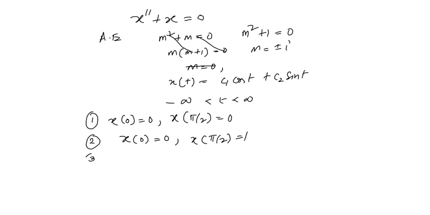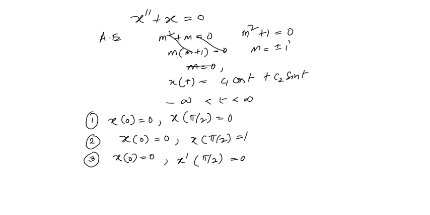And the other one: x of 0 is equal to 0 and x dash of pi by 2 is equal to 0. Hopefully the two constants c1 and c2 are determined by one of the above conditions.